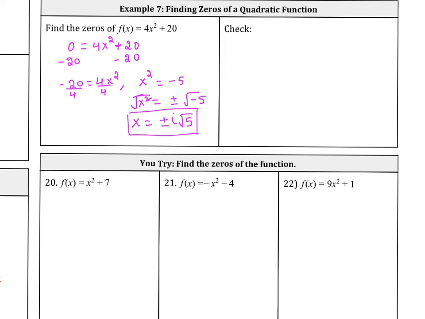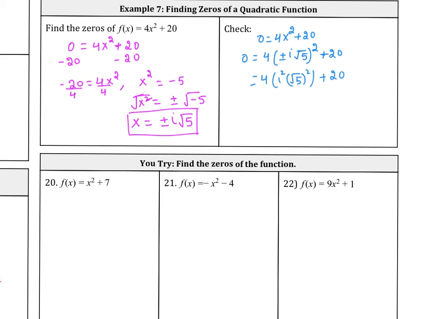Now we are going to check the solution by plugging in the x value for x here and see if the two sides are equal. So here is the x value that we're going to plug in. So let's do that. 0 equals 4 times plus or minus i square root 5, squared. So what we get here is 4 times i squared times square root of 5 squared. Now we don't have to use a negative and positive sign.